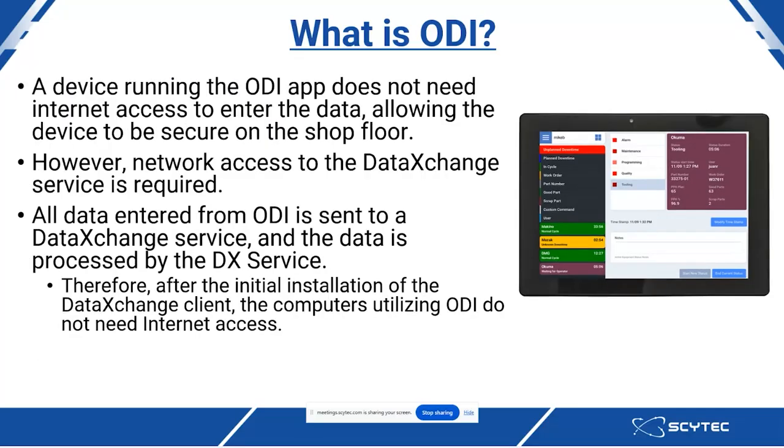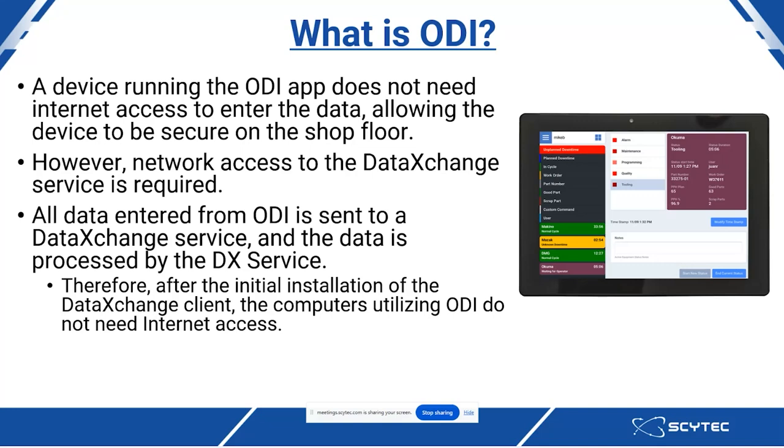Some other things about the ODI is that a device running the ODI application does not need internet access to enter the data, allowing the device to be secure on the shop floor. However, network access to the data exchange service is required. All data entered from ODI is sent to a data exchange service, and the data is processed by the data exchange service.